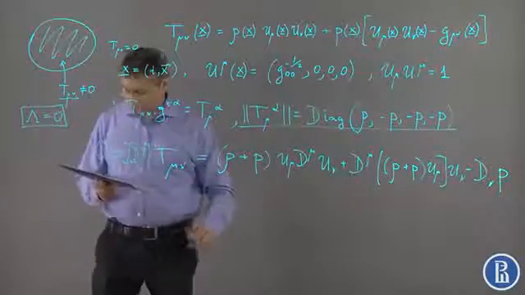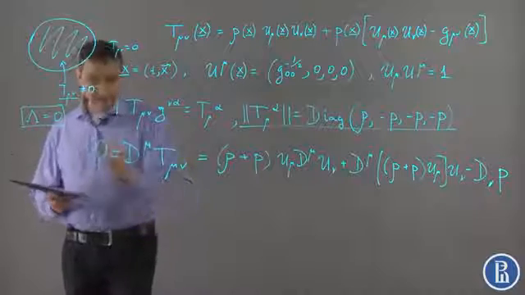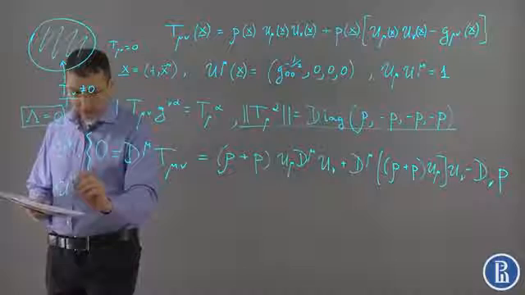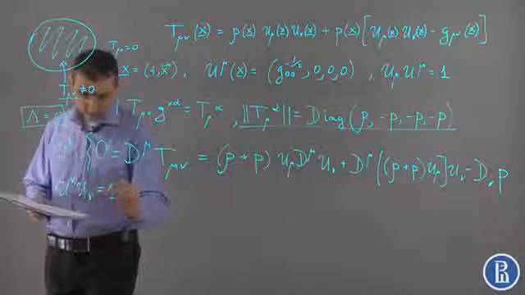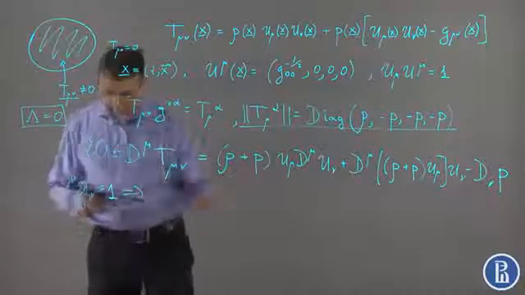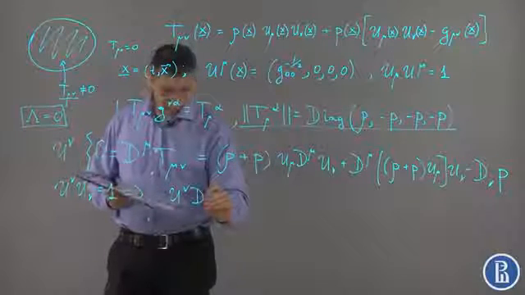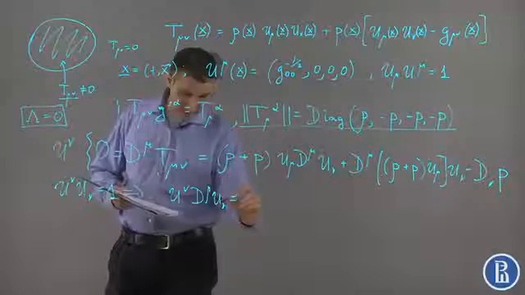And now if we multiply both sides of this equation by u nu and use the fact that u nu u nu is 1, and as follows from this, we have that u nu d mu u nu is 0.